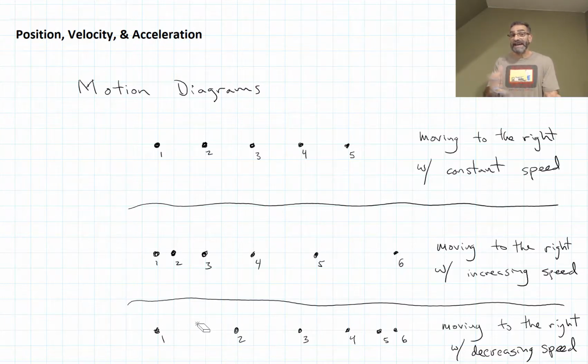In fact, it might not be changing in magnitude at all because velocity is a vector quantity, which we will talk about very soon. So if the direction is changing, then the velocity is changing because velocity encompasses both magnitude and direction. And that means there's acceleration.